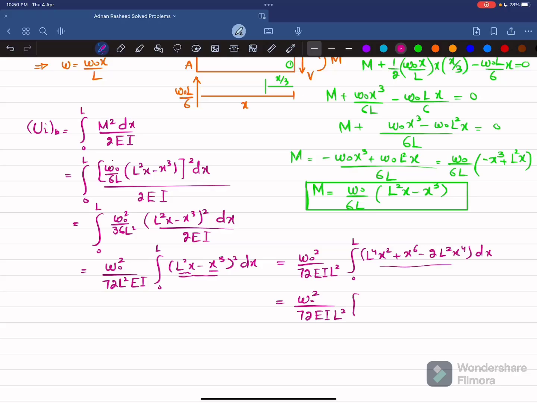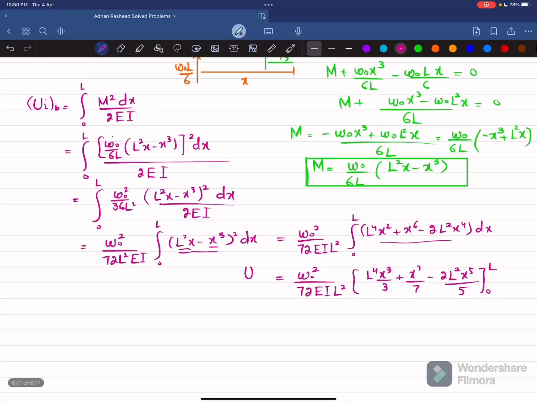So integral of L4 x square will be L4 x cube over 3, plus integral of x power 6 is x7 divided by 7, minus 2L square x5 over 5, and limit will be from 0 to L. That will give you strain energy due to bending.